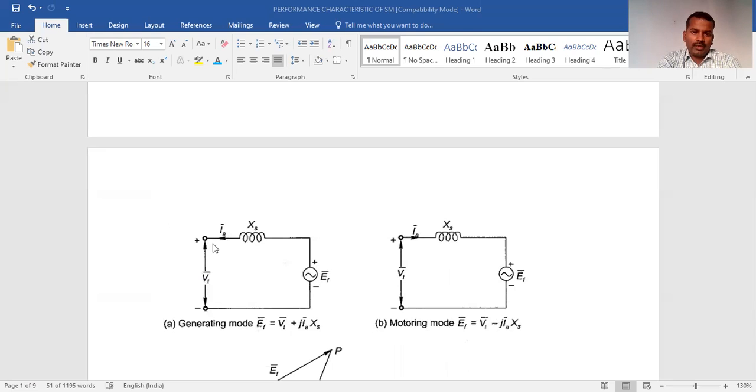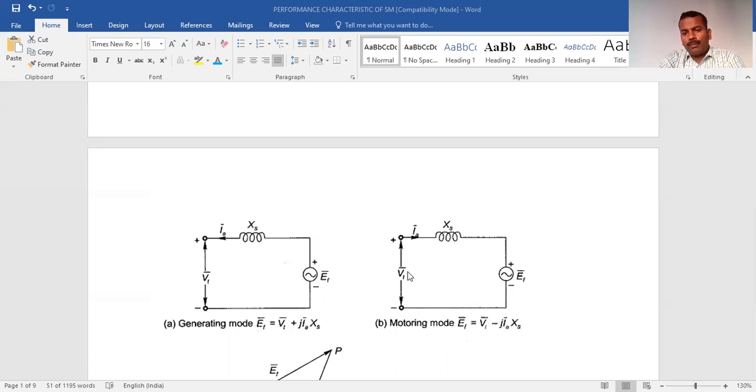Vt is the terminal voltage or load voltage. Ef is the excitation voltage of the generator, and Xs is the synchronous reactance. Similarly, in motoring mode, the relation between voltage and excitation voltage will be Ef equal to Vt minus jIa Xs.